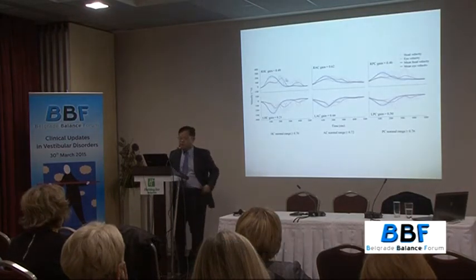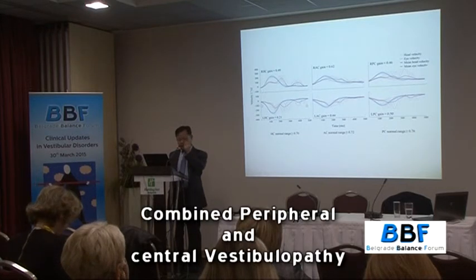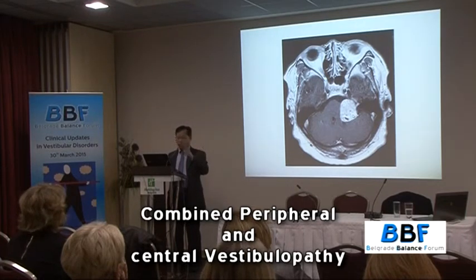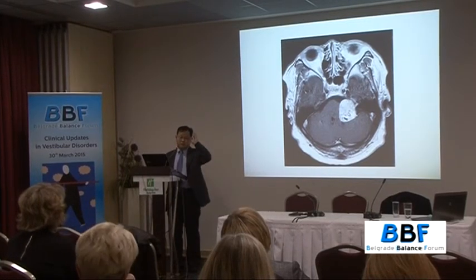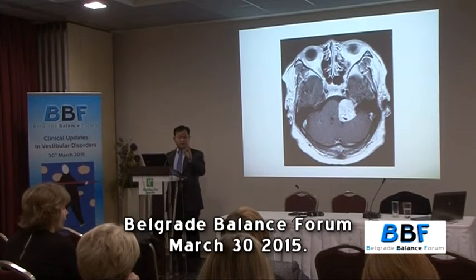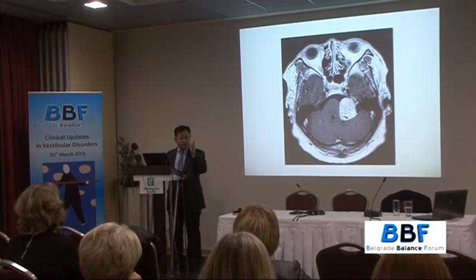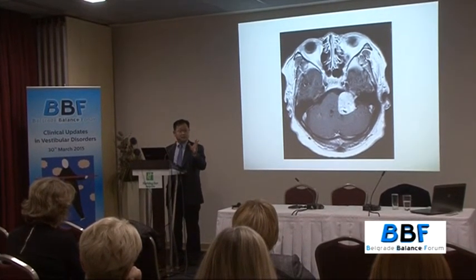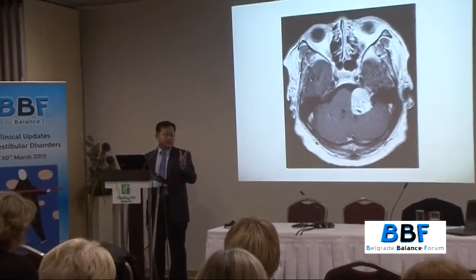So when we recorded the head impulse, there was decreased head impulse gain in both directions, and indeed the patient showed a huge CP angle tumor compressing the cerebellum. So another lesson here: when you suspect CP angle tumor and the head impulse test is positive in both directions, it should be huge, compressing the cerebellum.